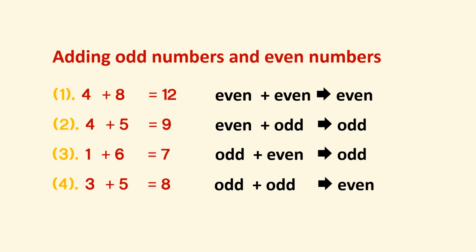But when you add an even number with another odd number, the answer is an odd number. Once again, when you add an odd number with an even number, the answer is an odd number. Therefore, if we are going to add two same kinds of numbers together, that means even or odd, the result is always even.